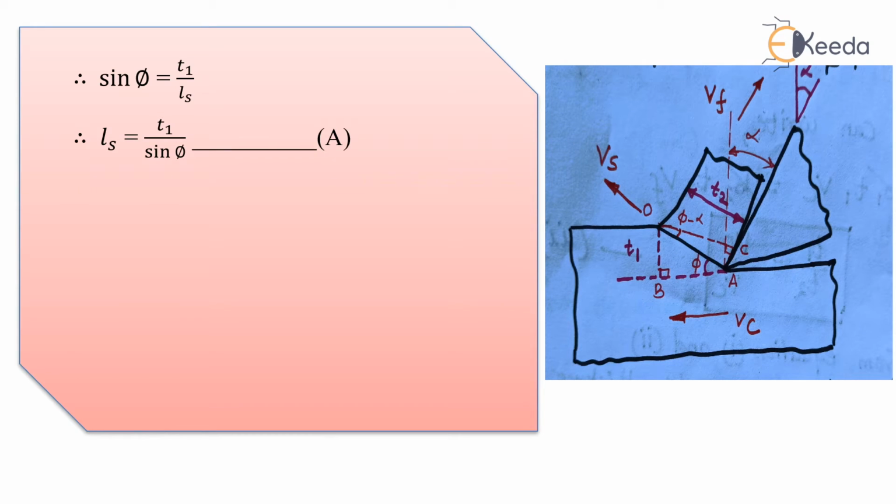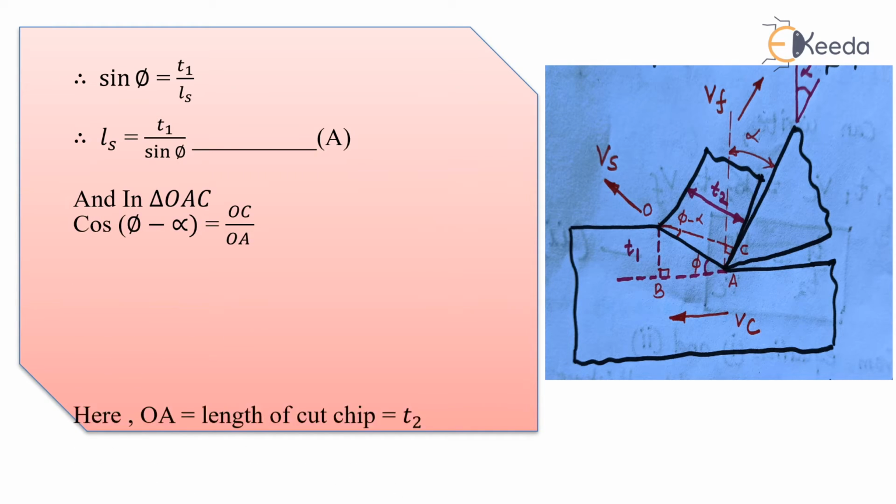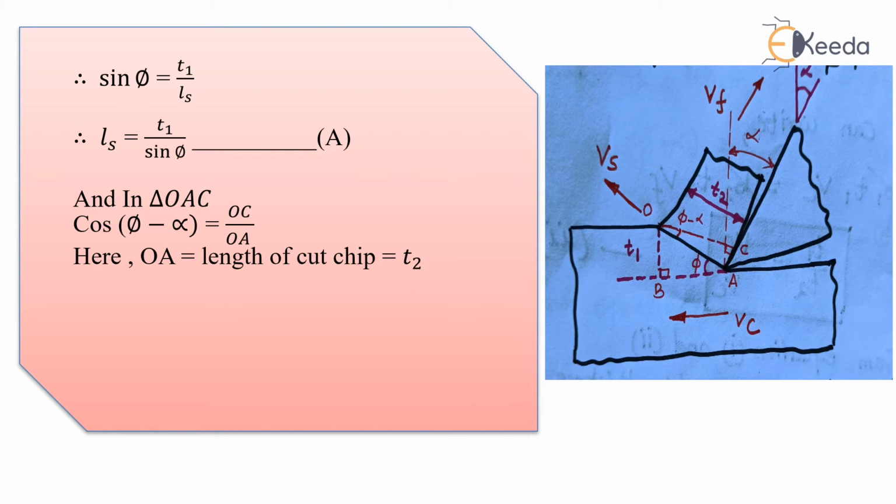So sine of angle phi is equal to T1 divided by LS, or LS is equal to T1 divided by sine phi. Simple. In the same fashion, in triangle OAC, what is the cos of angle phi minus alpha? The cos is nothing but the adjacent divided by the hypotenuse.